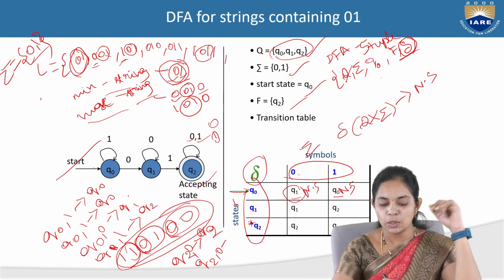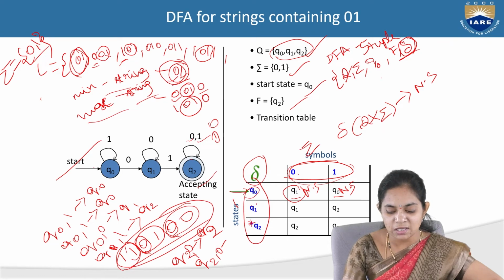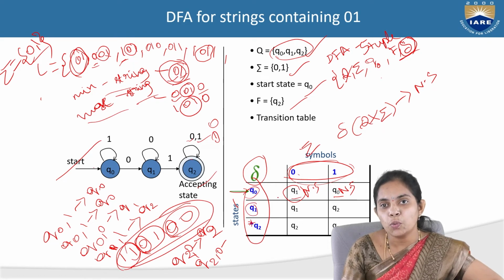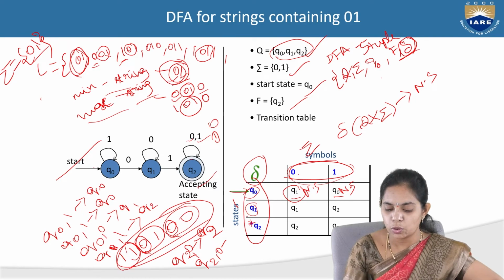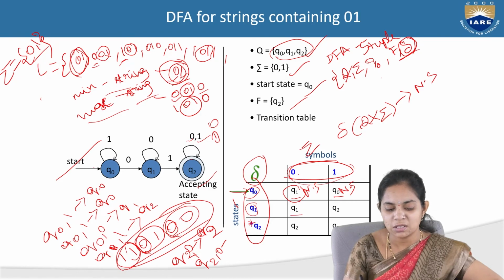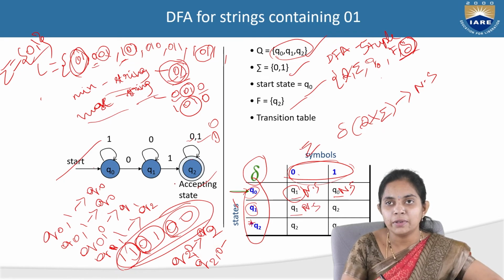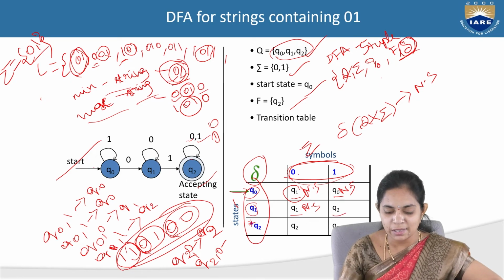Both input symbols are finished for this state, and the next state is Q1. Q1 also consumes two input symbols. Q1 on 0, where is it going? It goes to the self state, that is Q1. And for Q1, when 1 is the input, where is it going? It goes to the final state, that is Q2.